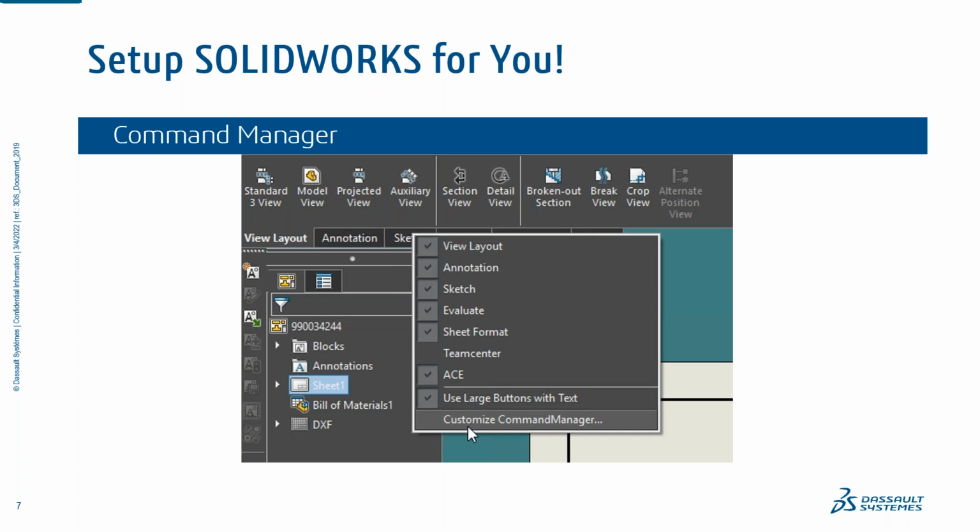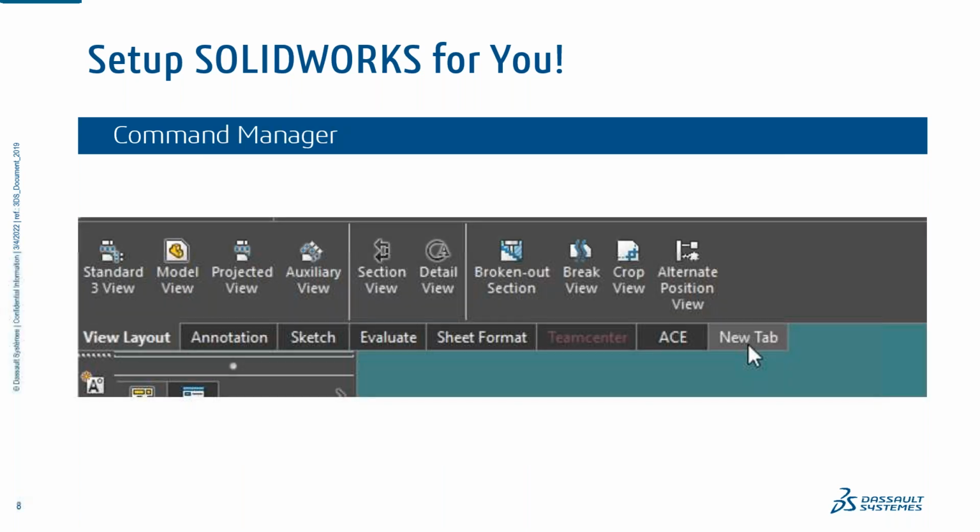There will always be a customize button up in the Command Manager. It might just say Customize, or it might say Customize Command Manager. So take that with a grain of salt. Once you right-click Customize, you'll be able to either create new tabs or click on the tabs that you have open and customize, doing the work inside.